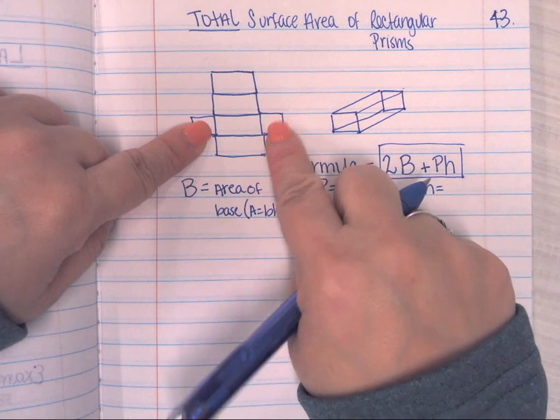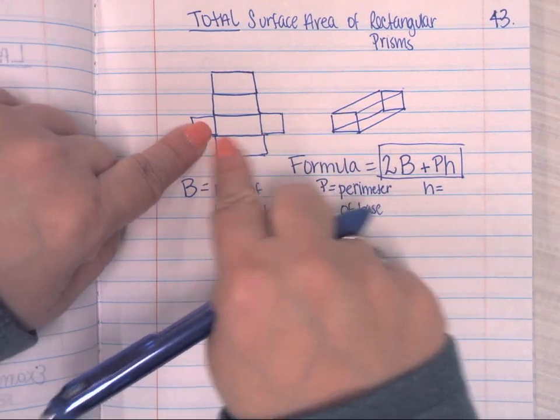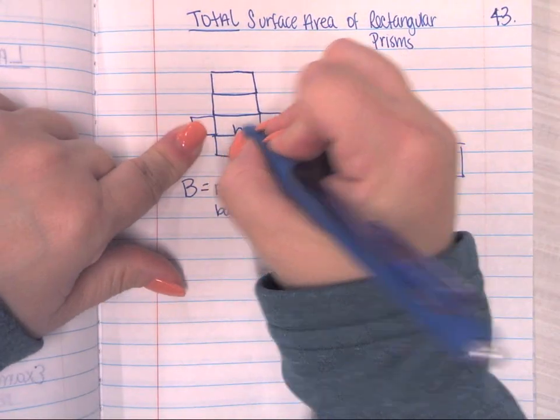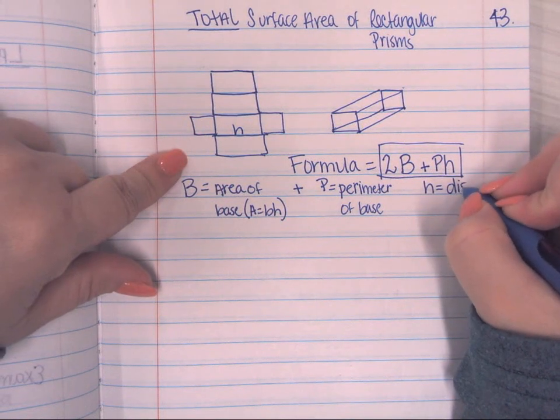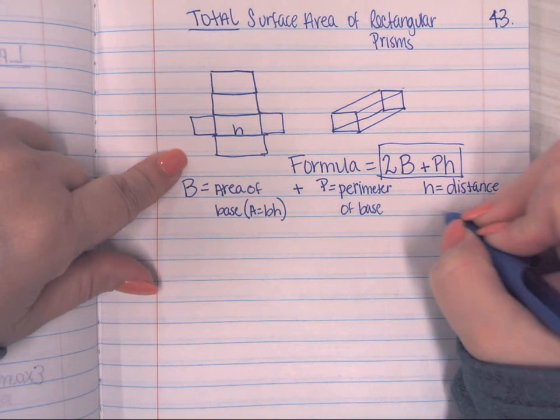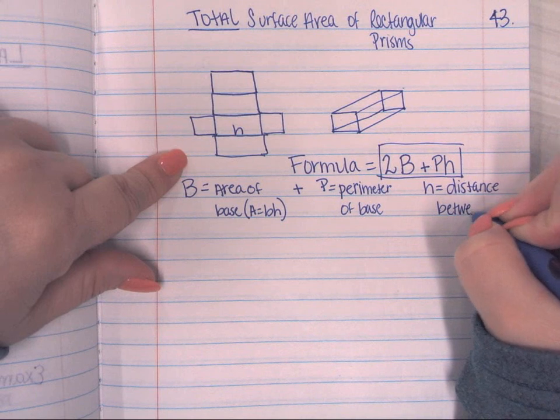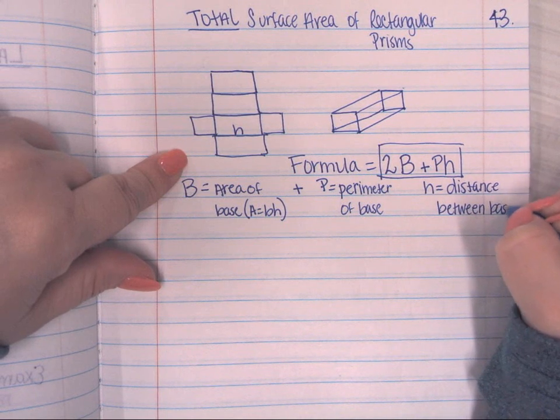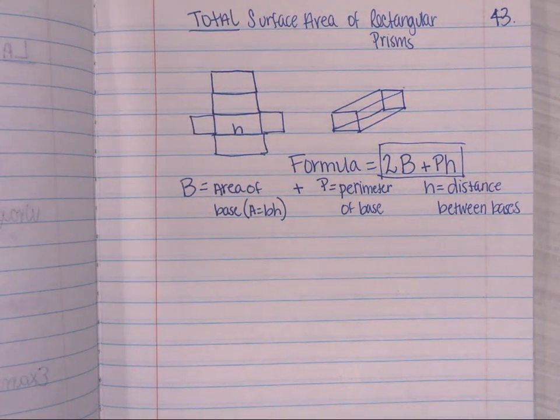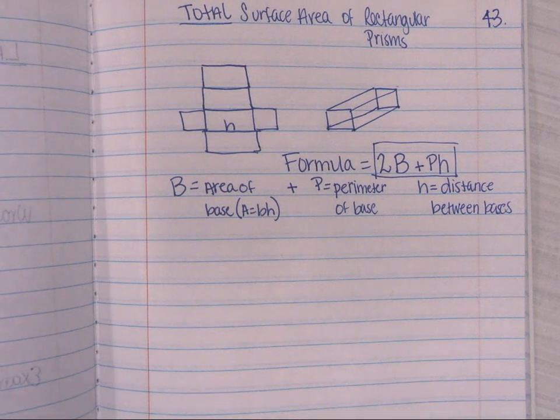I have this base and this base, so how long is the distance between them? Distance between bases. It's the breakdown of how you find the total surface area of a rectangular prism.